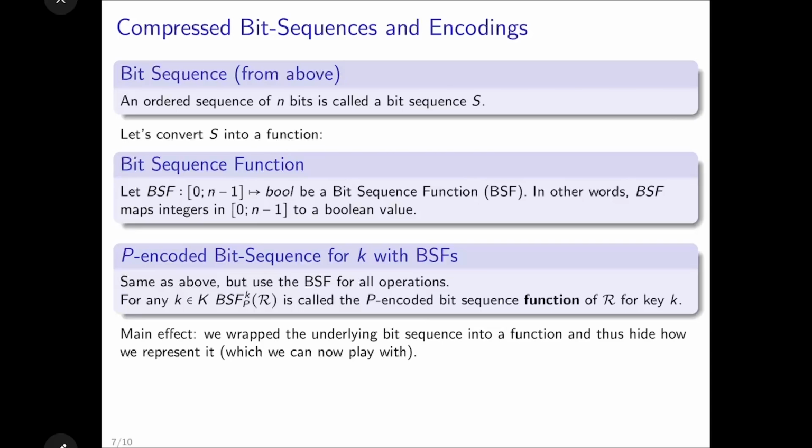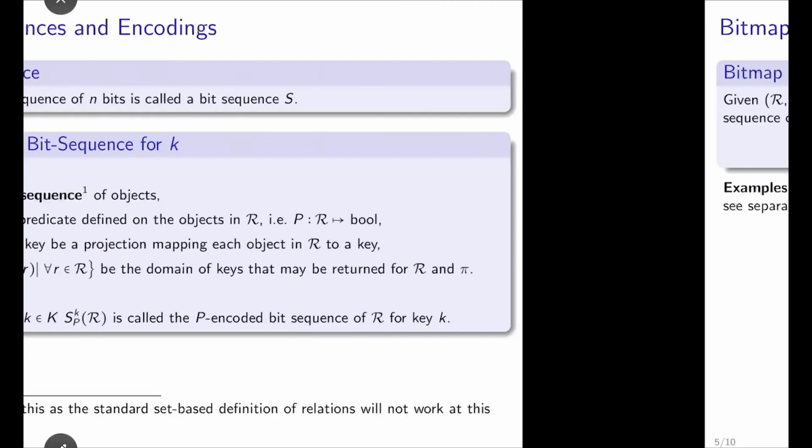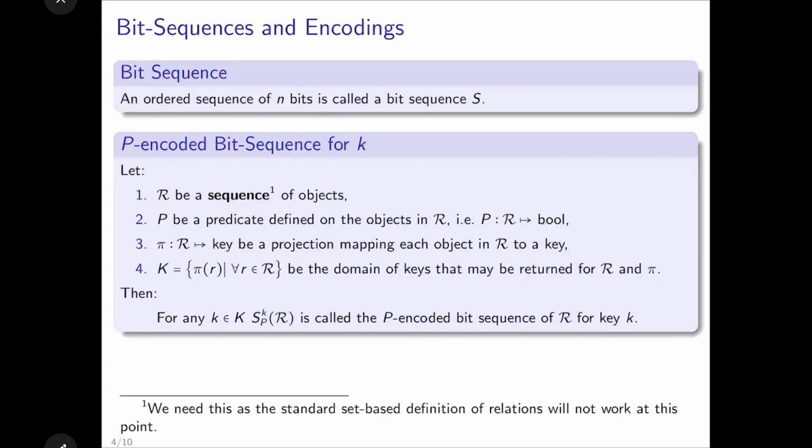So how you could imagine that is that previously, when we looked at these definitions for bit sequences, we really defined it as a sequence of bits. We said a bit sequence is an ordered sequence of n bits. So just a couple of bits in a sequence, and if you want to set or get bit 42, you just go to that sequence, get or set it, and that's basically how we represent it.